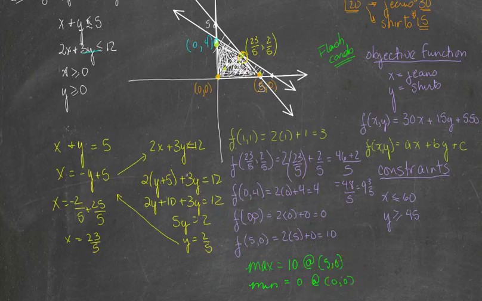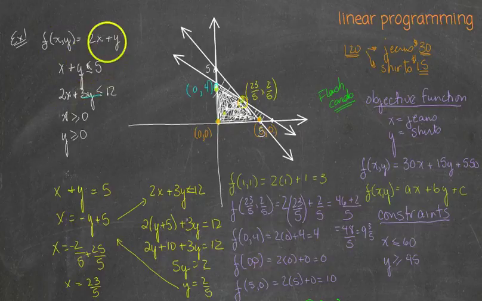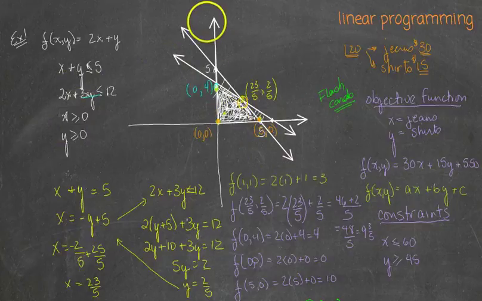All right, so let's do a quick overview. We have an objective function. We're looking for the x and y pair that either maximizes or minimizes this function under a set of constraints. We graph all the constraints, and then we choose the region that is bounded by all of them.